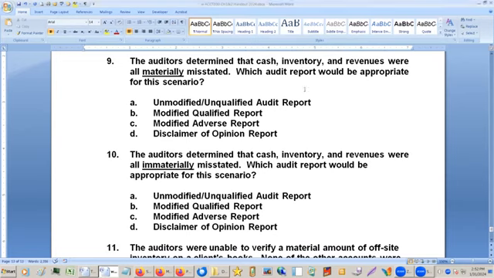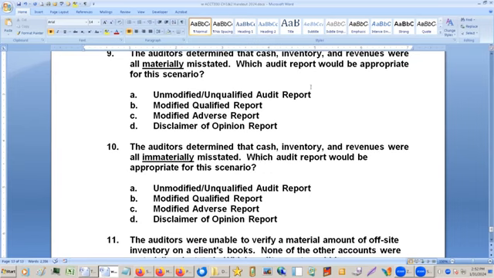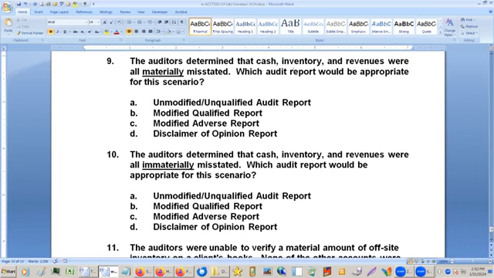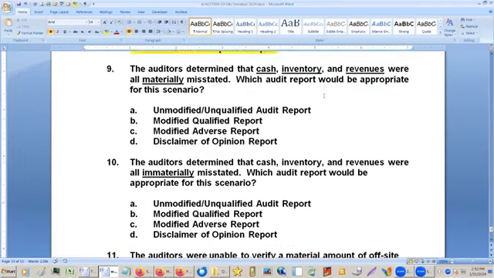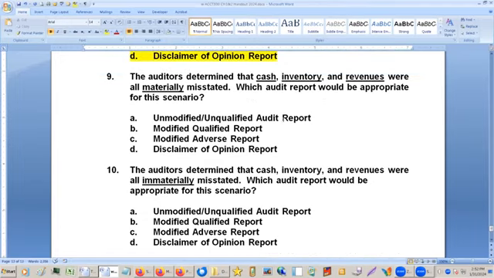The auditors determined that cash, inventory, and revenues were all materially misstated. Which report would be appropriate? Which one do you think? Is it B?